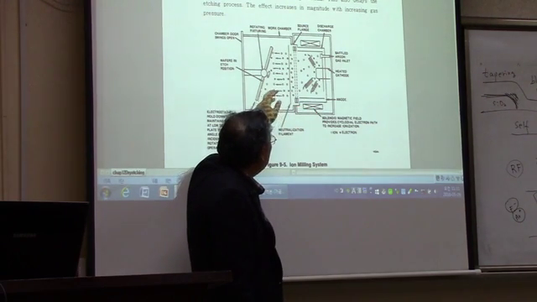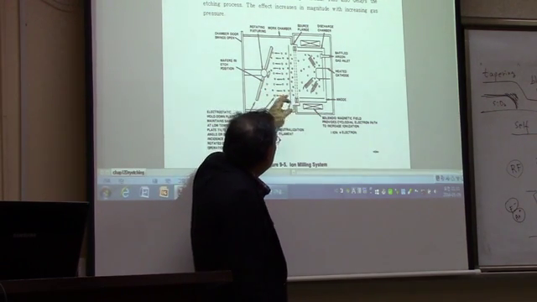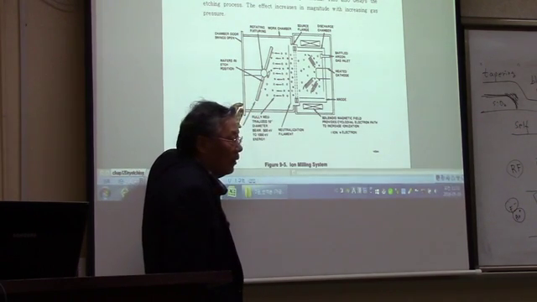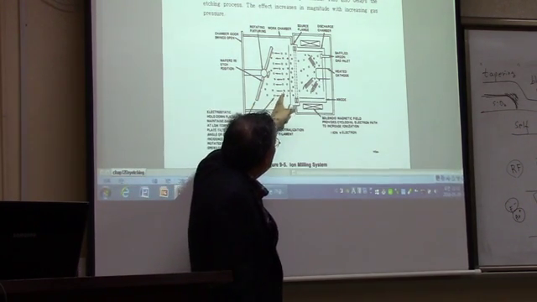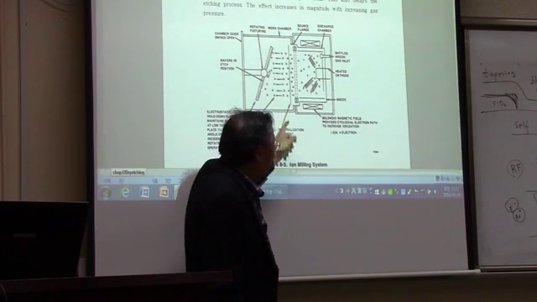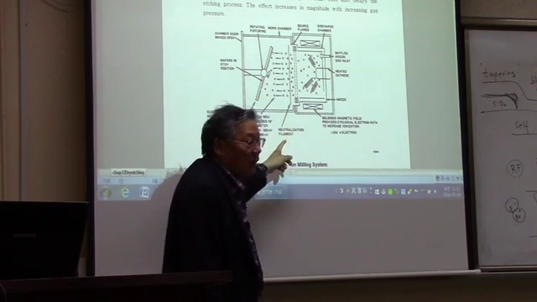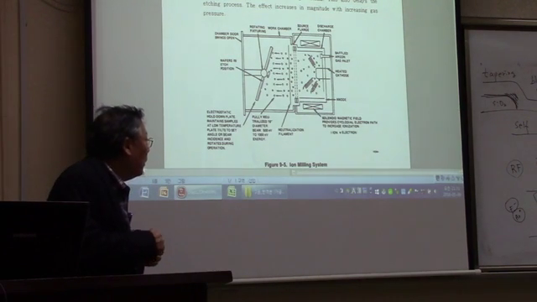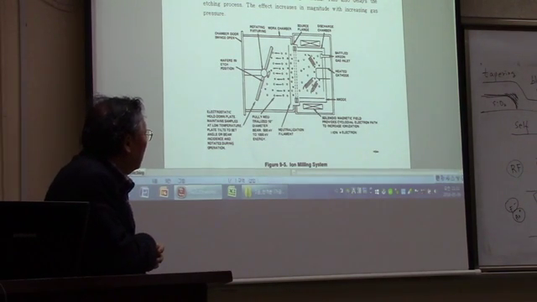Okay, and then before these ions hit the target to sputter off, that ion has to be neutralized with a combination of electrons.